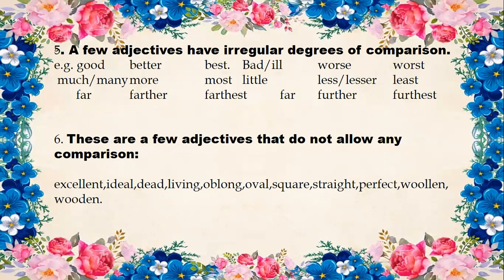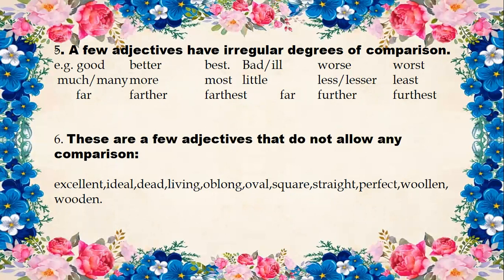A few adjectives have irregular degrees of comparison. There are some words where, when you write the comparative degree and the superlative degree, the word completely changes. For example, see, good, the comparative is better and the superlative is best. So good, better, best. Bad or ill, the comparative is worse and the superlative is worst.